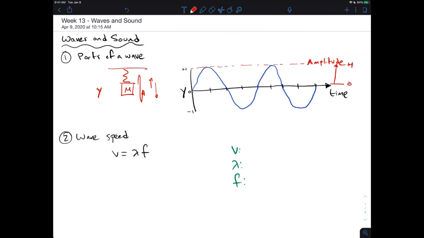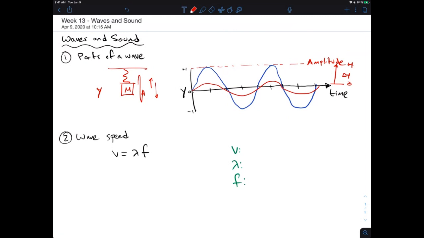Whatever our height is, this delta y, this is our amplitude. So how tall is my wave? If I had a larger amplitude, maybe my wave could be even bigger. It's the same exact wave, it's just taller, right? That would be a higher amplitude. Or I could have the same exact wave, but shorter. This is the same wave, it's just one is stronger than the other. So my amplitude is just the height of the wave.